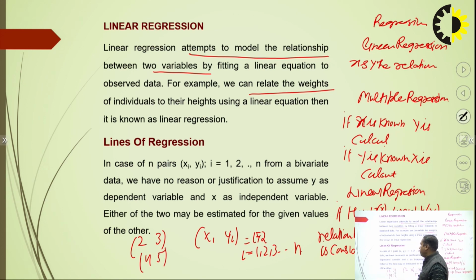That is bivariate data. We have to know the reason or justification to assume y as the dependent variable and x as the independent variable. You can take an arbitrary value of x, then x is the independent variable, and we calculate the value of y corresponding to x, so y becomes the dependent variable. Either of the two may be estimated for a given value of the other.